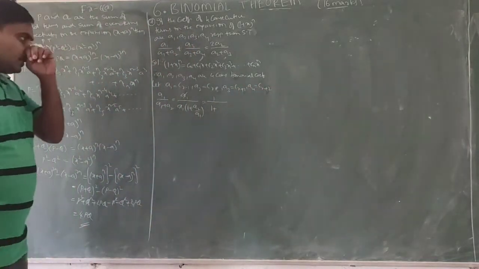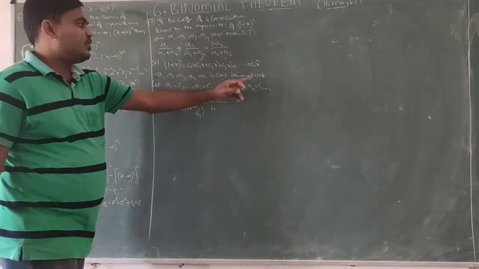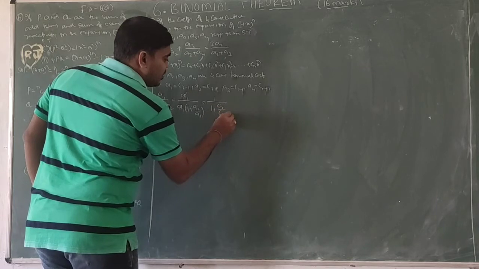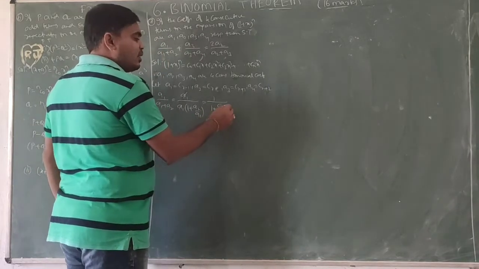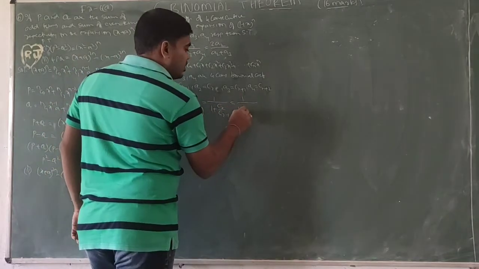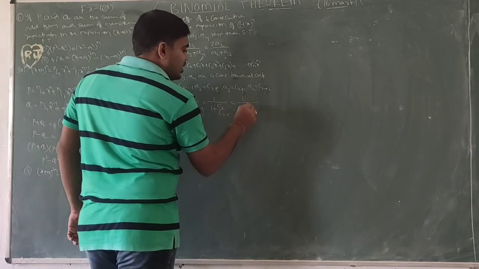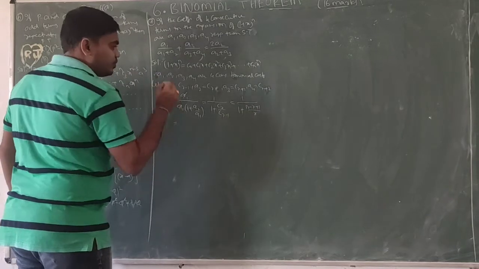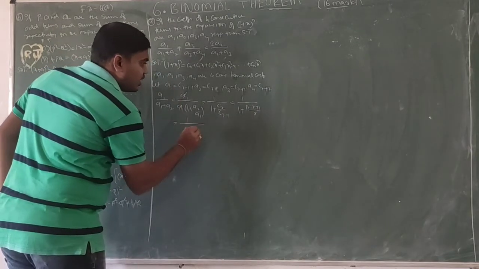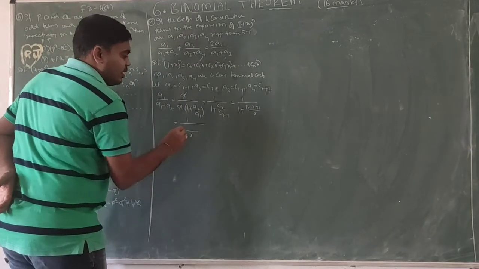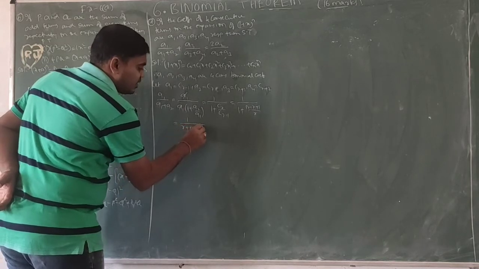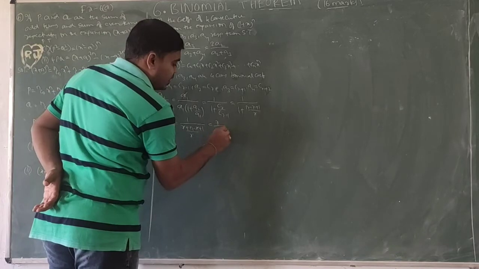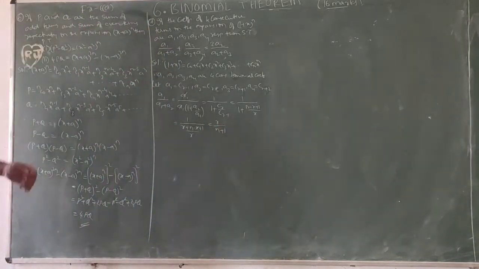So CR by CR minus 1, so this is the NCR by NCR minus 1 formula: 1 plus 1 by 1 plus n minus r plus 1 by r. So equal to 1 by LCM r plus n minus r plus 1. R cancel. This comes to numerator r by n plus 1.